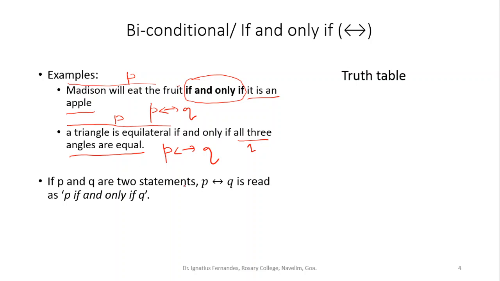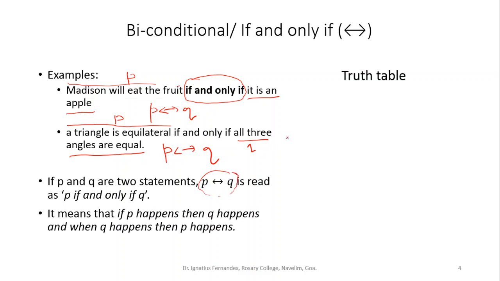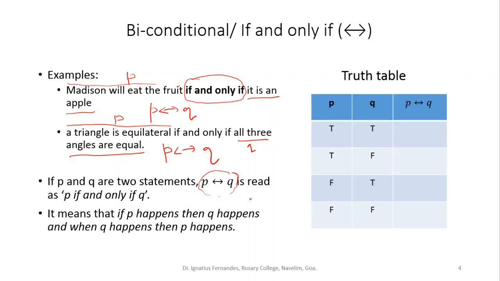If P and Q are two statements, P if and only if Q is denoted by this notation, the two-sided arrow. It means that if P happens, then Q happens, and when Q happens, then P happens. So if P is true and Q is true, in that case this will be true. If P is true and Q is false, it will be false.